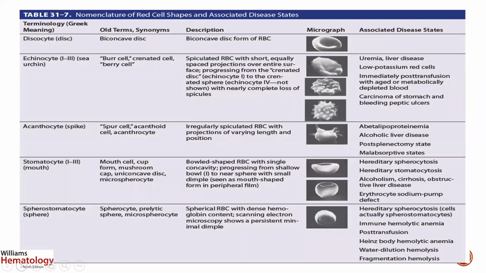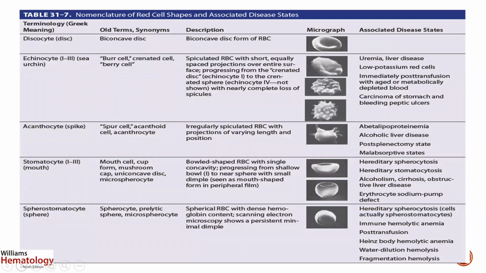There are many different shapes of erythrocytes. Some of them are natural, some of them can appear in pathophysiological states or diseases. So we will talk about several ones, but during this lecture you can read closely and look at these tables to know more.